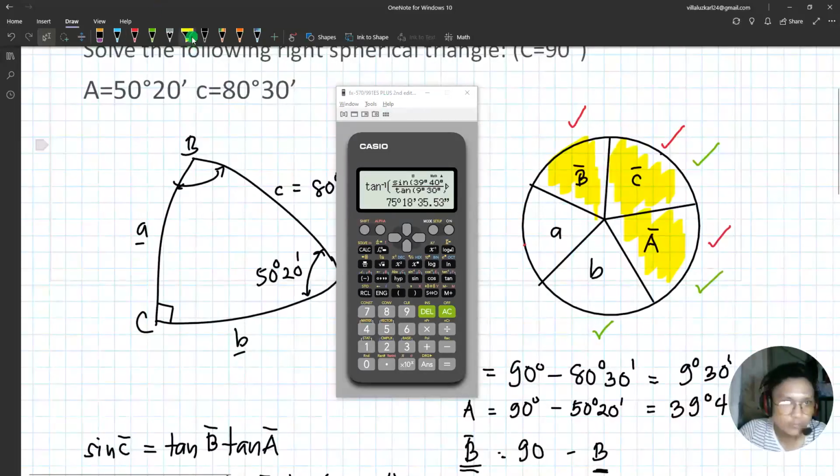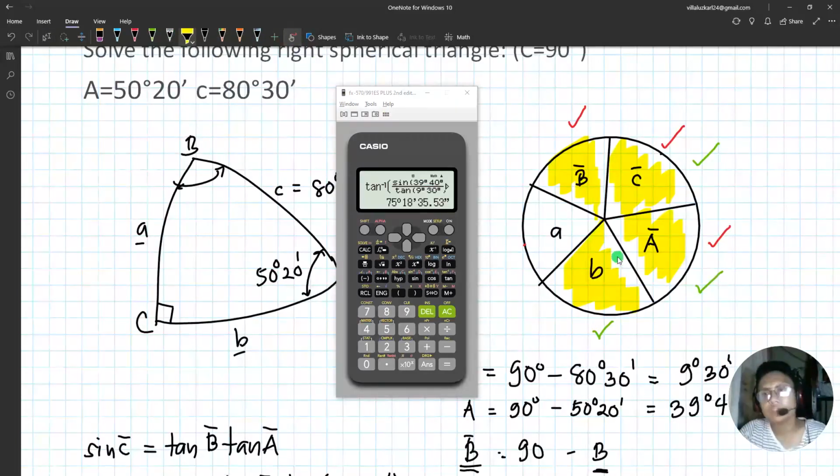Since we already have a value for side B, when we apply the sine tad rule again, I need a middle part and two adjacent parts. So at least two parts of this circle have a value and one is unknown.